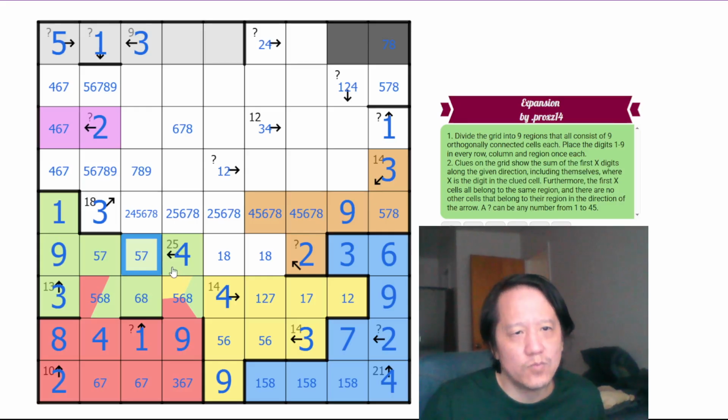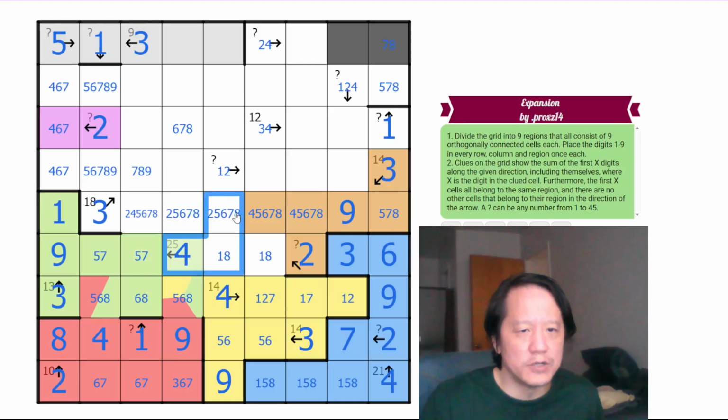What else do we have? Green needs access to a 2. Well, we could do green, green. We could go green, we could go green. That's fine.